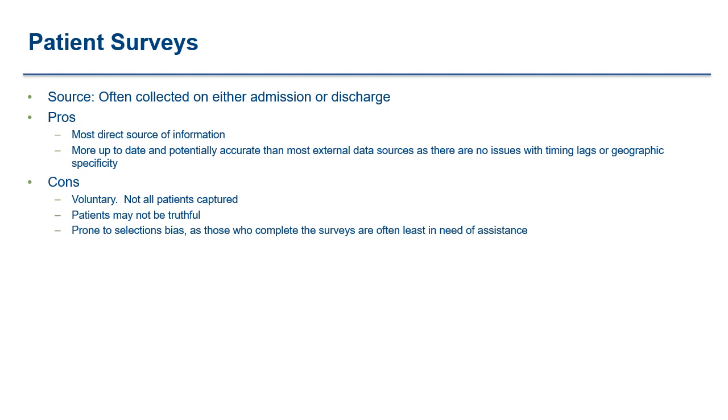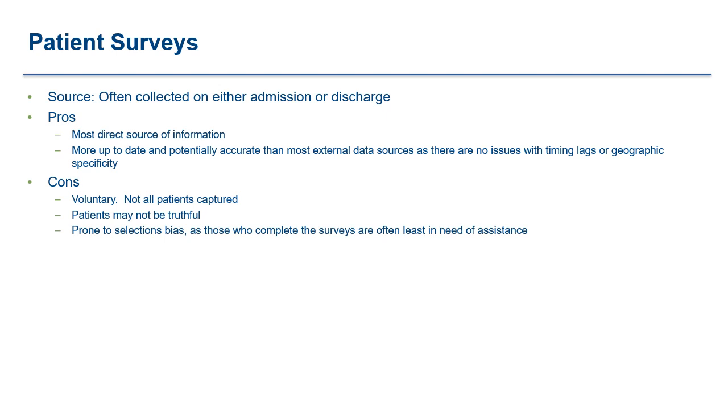Patient surveys. These are being used increasingly within healthcare systems. They often ask patients if they are having issues with these things. Some of the advantages are that they give you a direct source of information because you're asking the patients directly. They are more up to date and accurate than many external data sources because they get down to the individual.